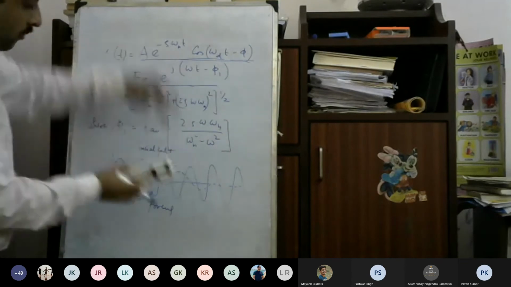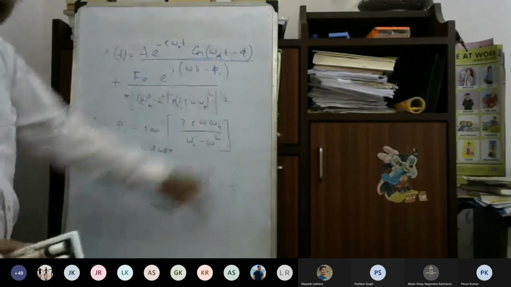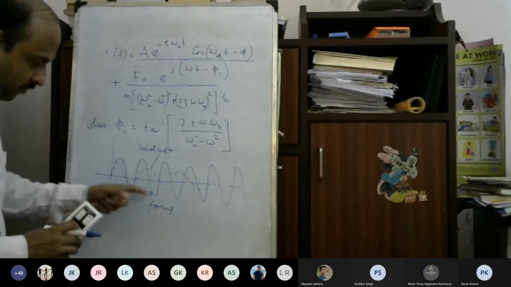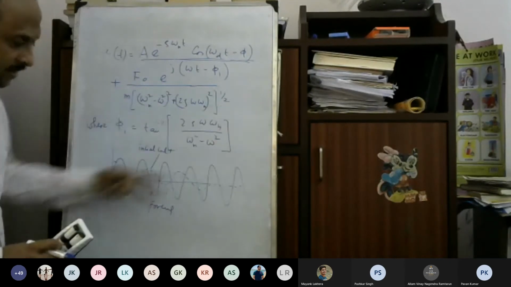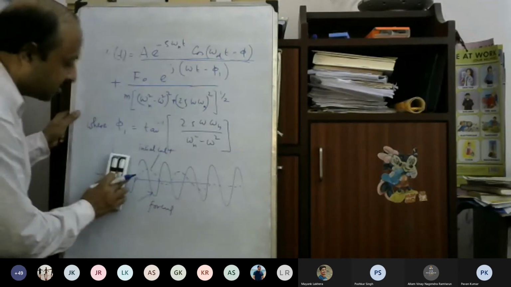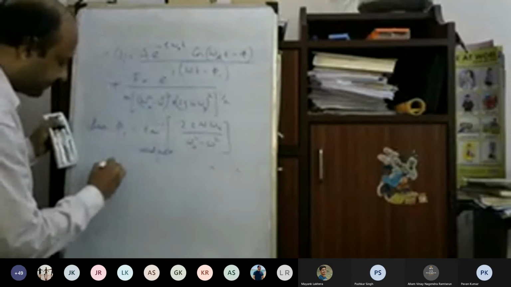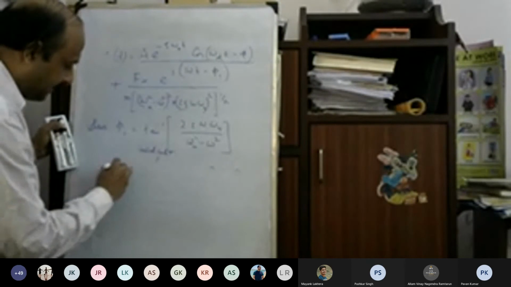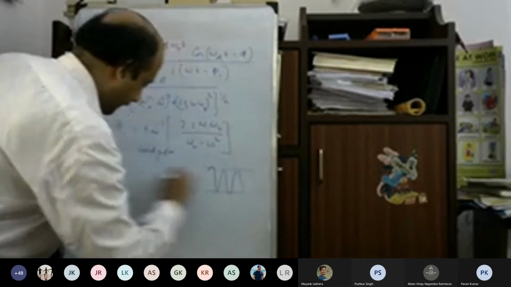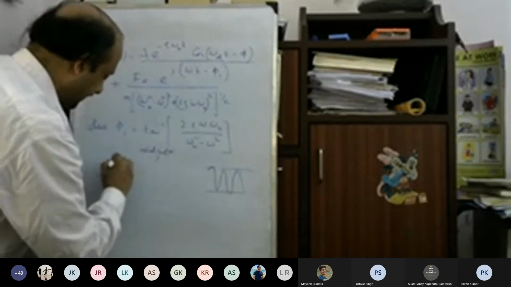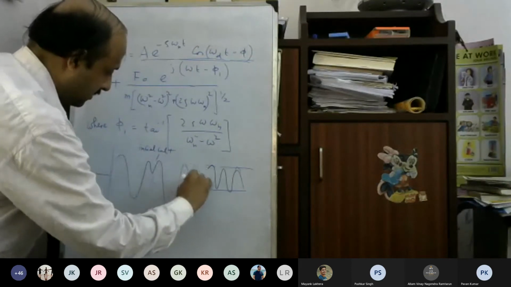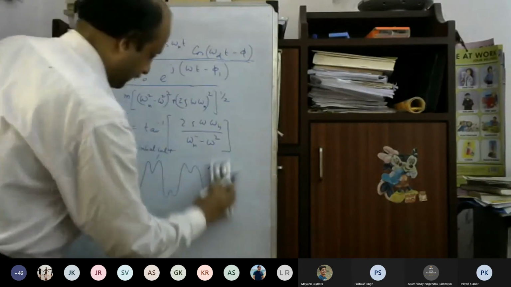Now what will happen? The overall response will be the summation of these two, because this is just addition. So these are the components. One part is the forcing part, which goes on all the time. Another part is decaying, which will decay after some time. So the overall response you will get something like this. In the steady state part, this response will be there.